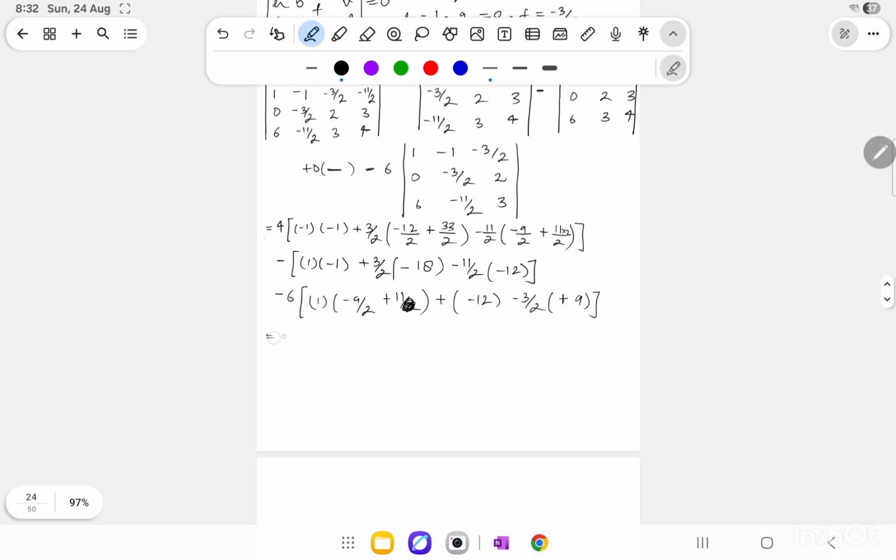So let's simplify it and see what we get. It is 1 plus 3 by 2 into 33 minus 12, which is equal to 21, I guess.